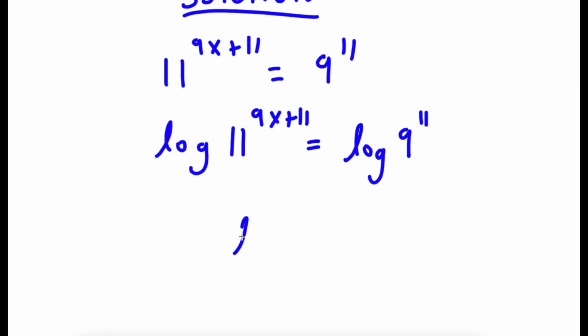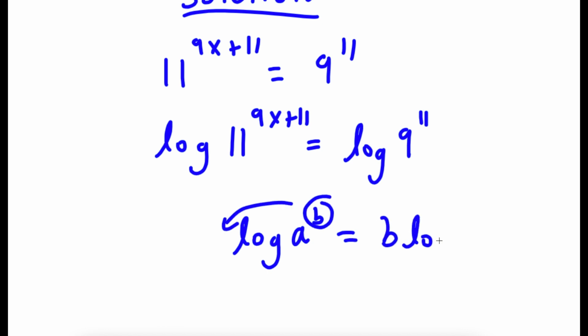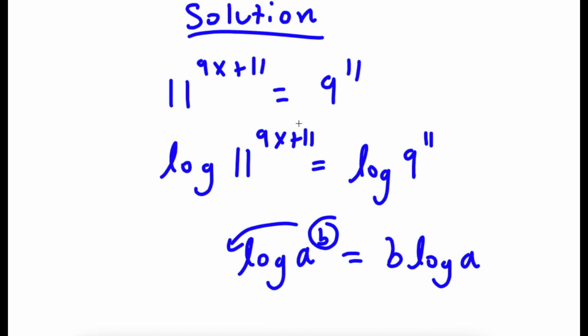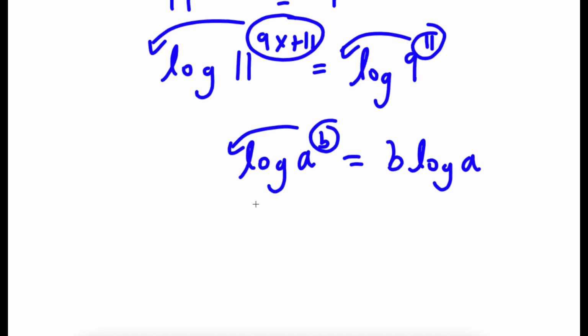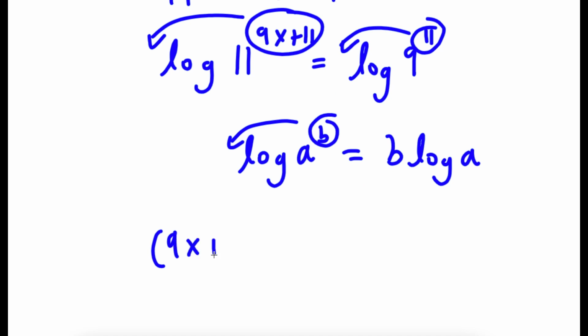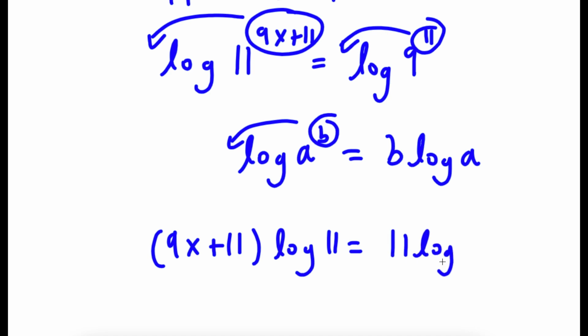If I have something in the form log a to the power of b, I can move this exponent of b to the front. So this is equal to b times log a. So I can move 9x plus 11 to the front, and I can move 11 to the front. So now I have 9x plus 11 times log 11 is equal to 11 times log 9.